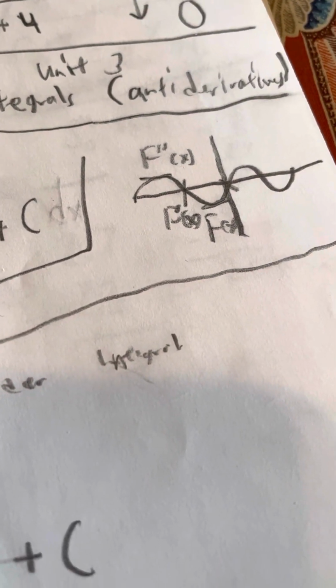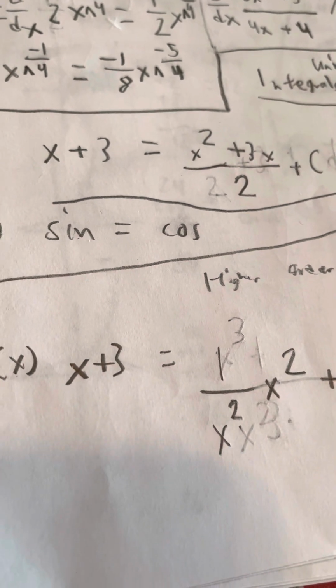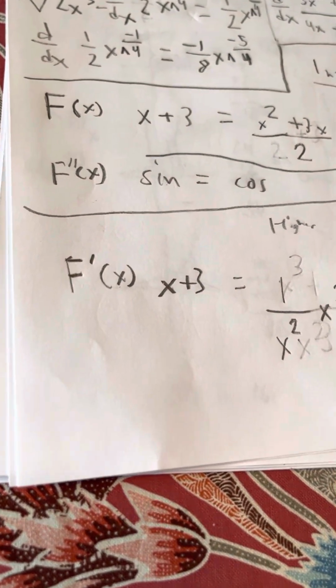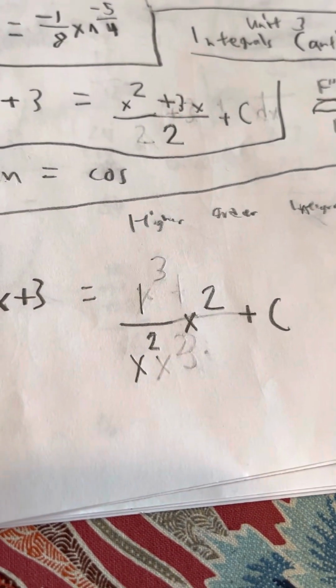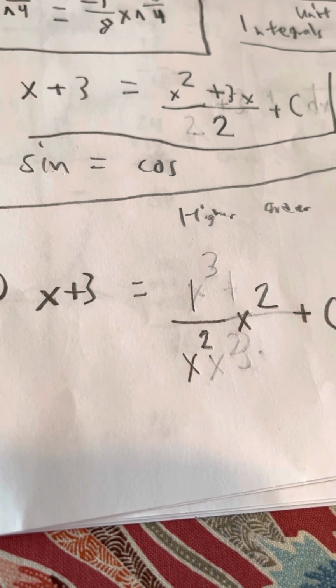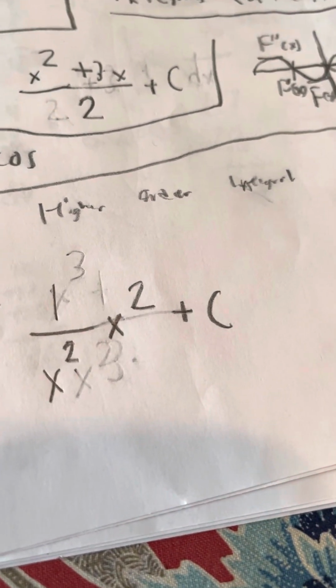Then there's the graphic map of the sine function and cosine function. f double prime of x of sine equals cosine, f prime of x plus 3 for higher order integration. 1 over x squared plus c.